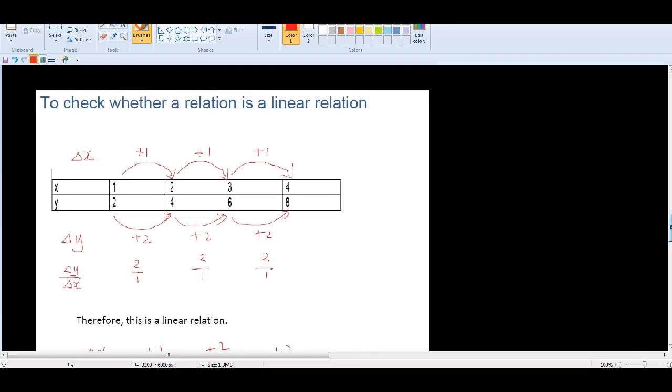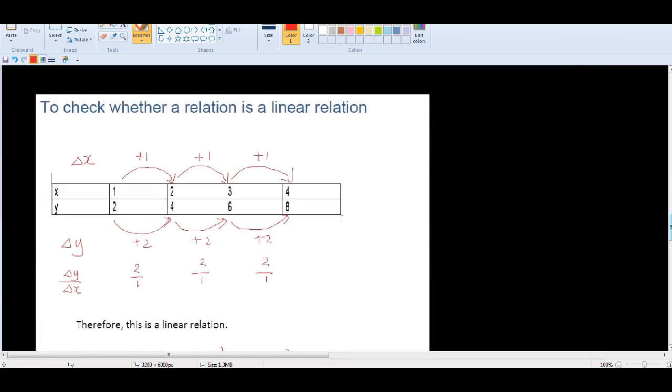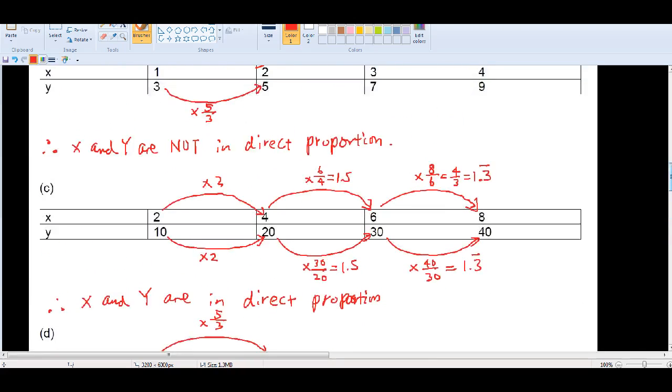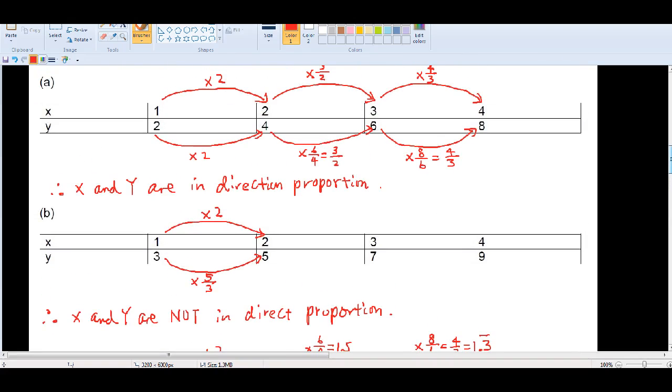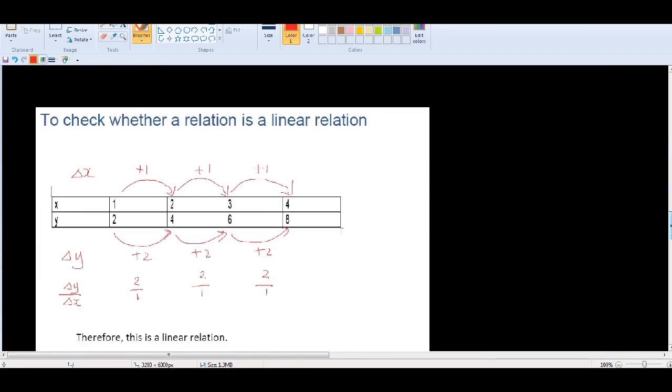To check whether it's a linear relation, we're not going to use multiplication, we're going to use plus. For example, if you see our first part A, x is 1, 2, 3, 4, y is 2, 4, 6, 8. We remember this is a direct proportion.